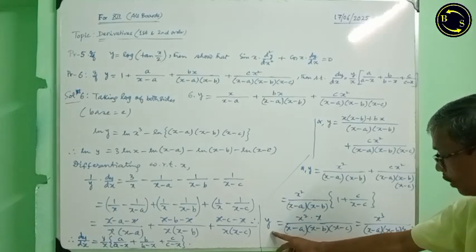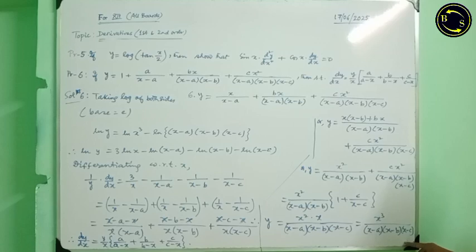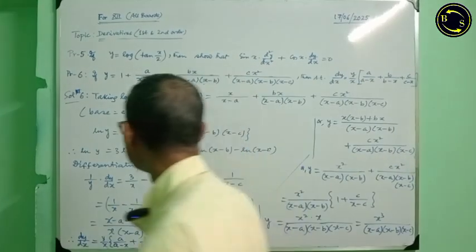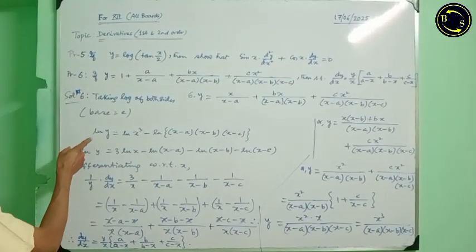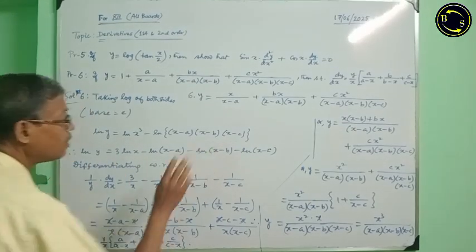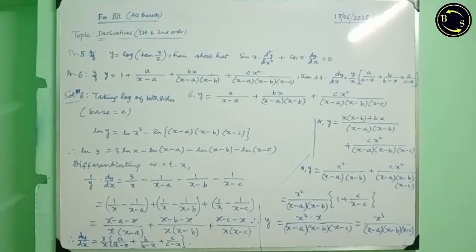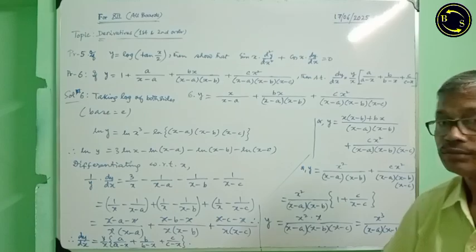Finally, we have got y is equal to x cube by this one. Then, as per discussion, it is useful to use logarithmic differentiation, and we have got the log of this one. Then we have differentiated and again simplified. Very interesting one. Therefore, this sum is solved.